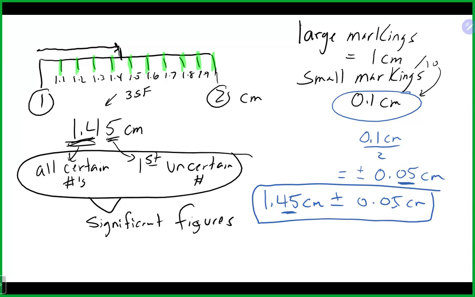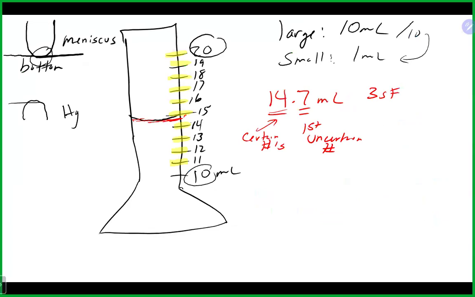So if you can for sure identify what the smallest marking represents, if you divide it by 2, you want to take your actual reading to however many decimal places that may be. So if we come here to this one, the smallest marking is 1 milliliter. Divided by 2 gives me 0.5 milliliters.